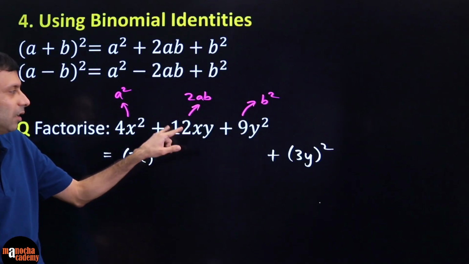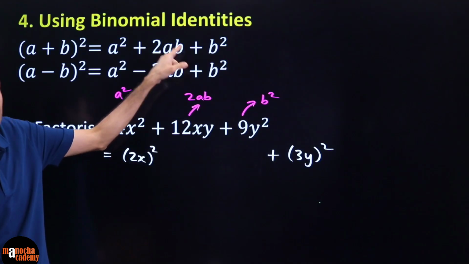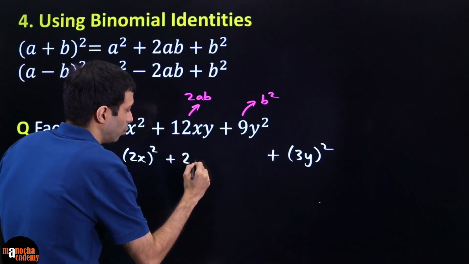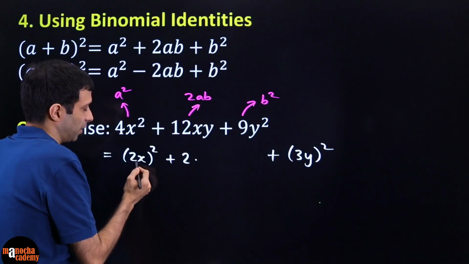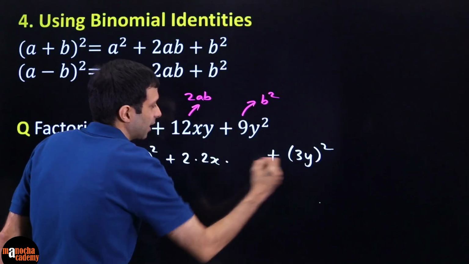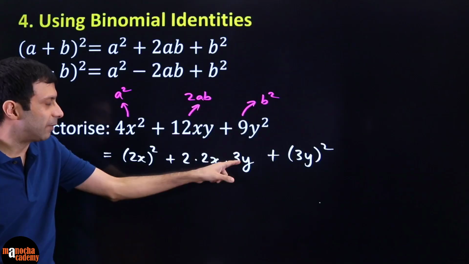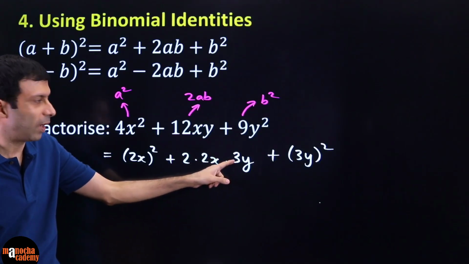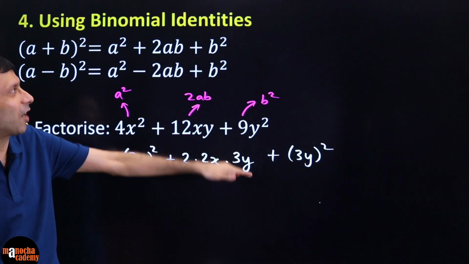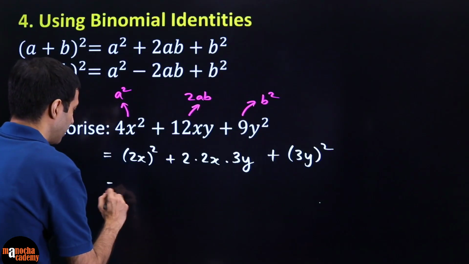What you need to check here is that this 12xy needs to be of the form 2 times a times b, which means 2 times the first guy, 2x, times the second guy, 3y. So you need to confirm 2 times 2x times 3y: 2 times 2 times 3 is 12, xy. So we are all good here. That means we can use the identity. So we are going to use the a plus b whole square identity.